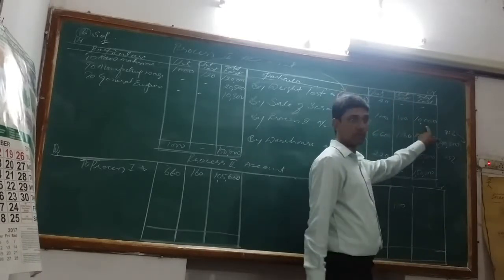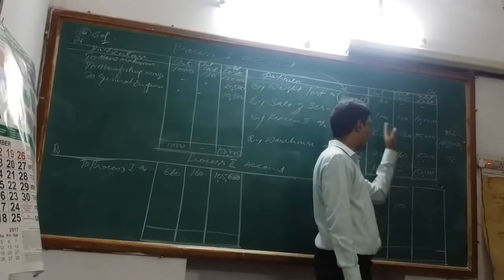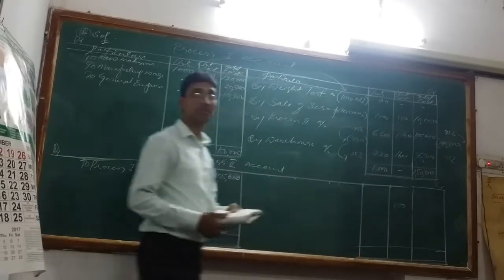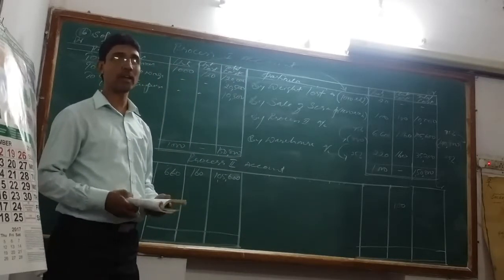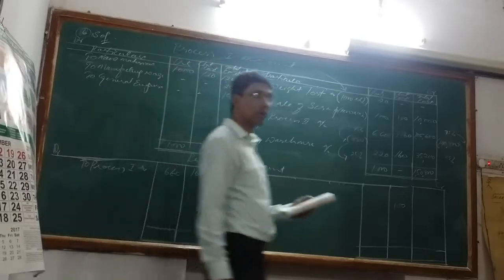Multiply, you will get 100 tons and 100 of it. Check. Next, process 2 account, next begin.